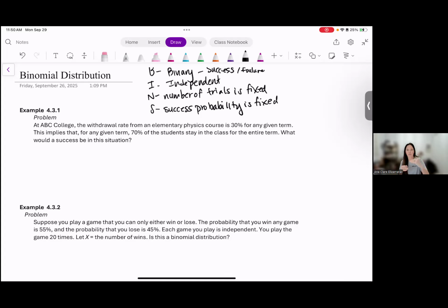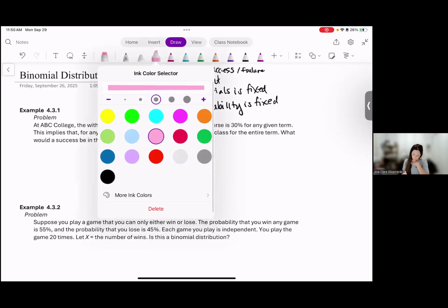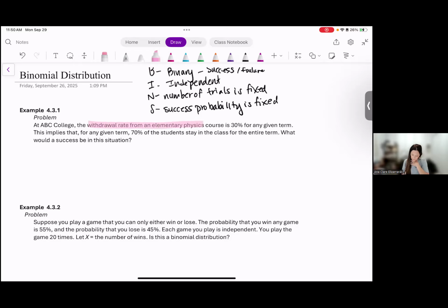So you have success or failure, you either withdraw or you don't. Now, what is success doesn't necessarily mean it's a good thing. It just means what is considered the probability that we're talking about in this situation. So withdrawal rate is 30%. That's what we're told. 70% of students stay in the class.